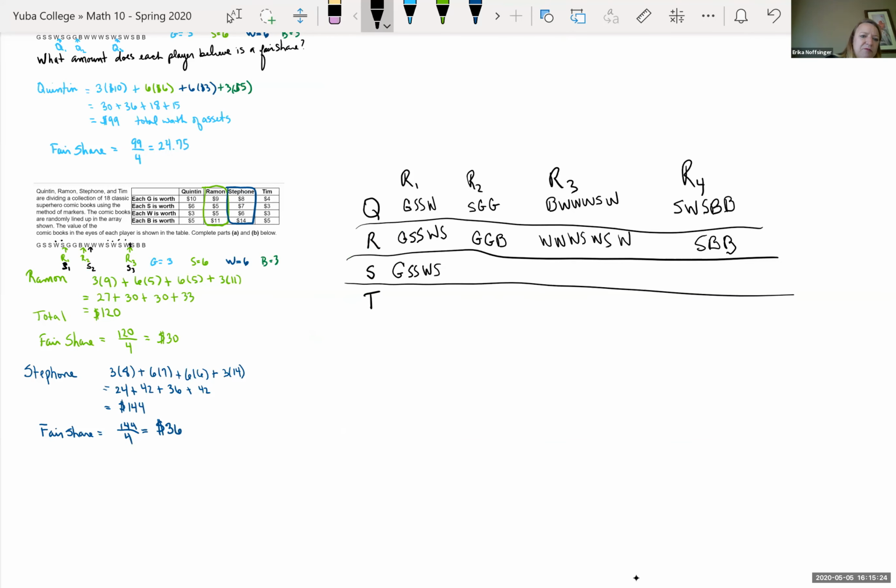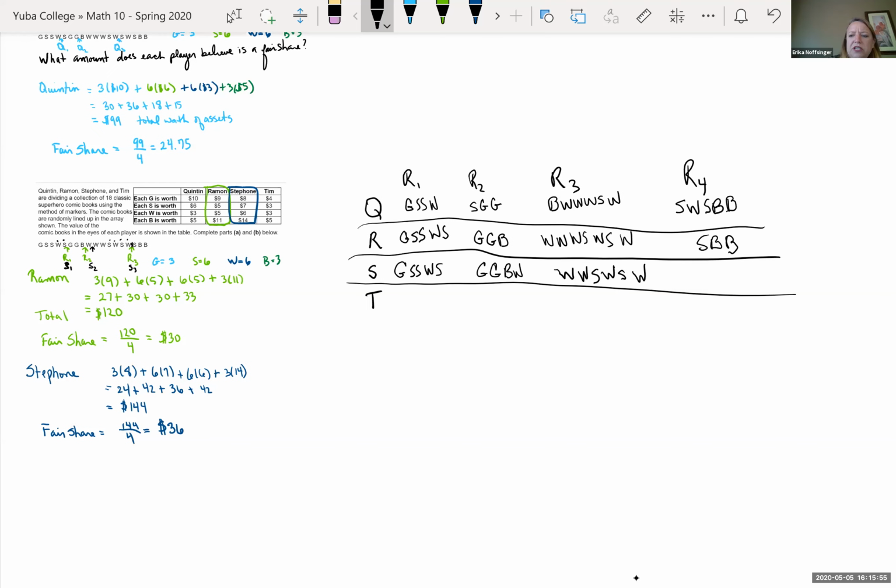He has the same thing as Raymond for round 2 with an additional W. So he has GGBW. Round 3, they have WWSW. And then the last round, they have the same thing as Raymond, which is SBB.